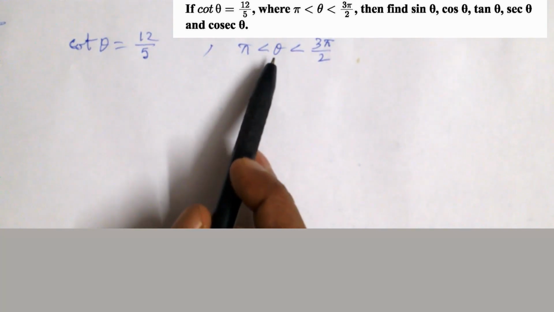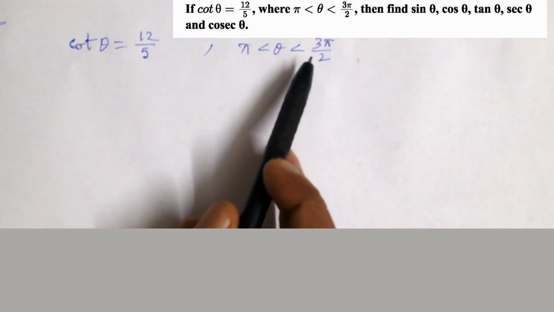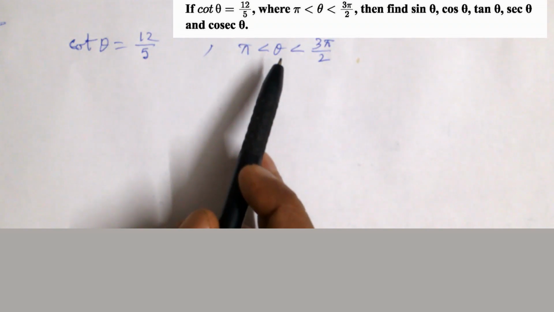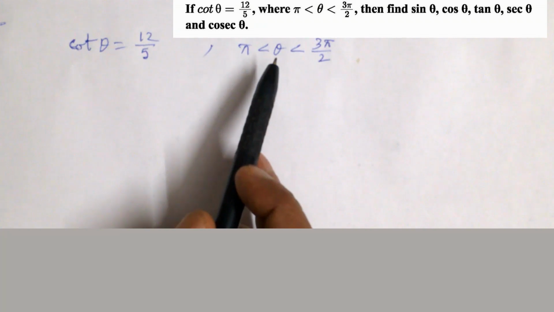Obviously theta greater than pi means greater than 180 degrees and 3 pi by 2 means less than 270 degrees. So theta lies in the third quadrant.